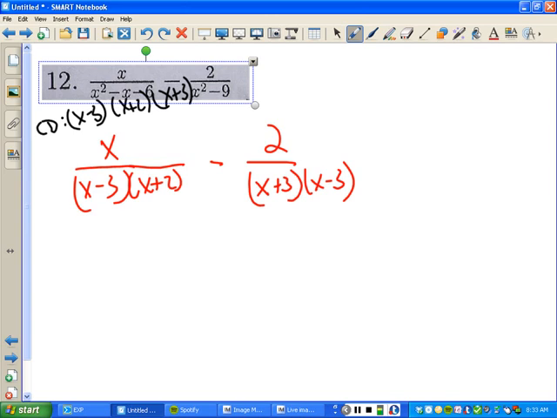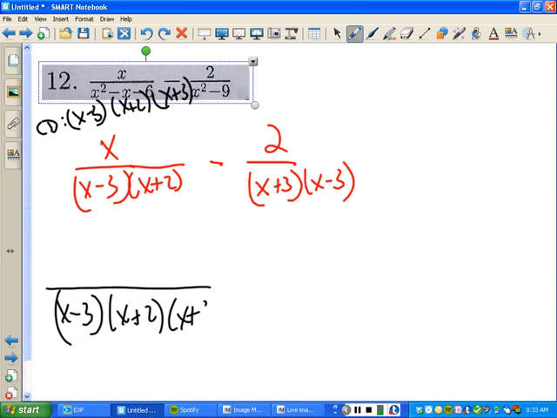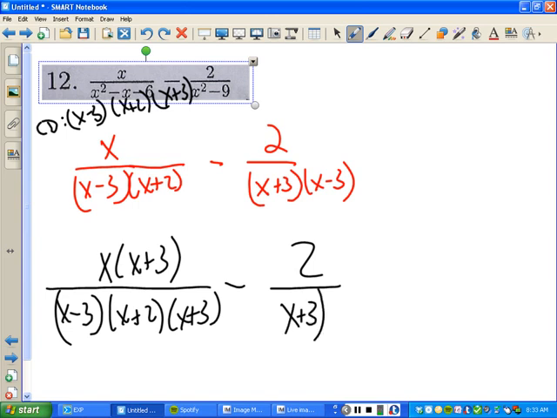Okay? So, what you have to say is, I've got the x minus 3, the x plus 2, what am I missing? I'm missing the x plus 3. If I put it on bottom, I must also put it over here. I've got the x plus 3, x minus 3. What am I missing?